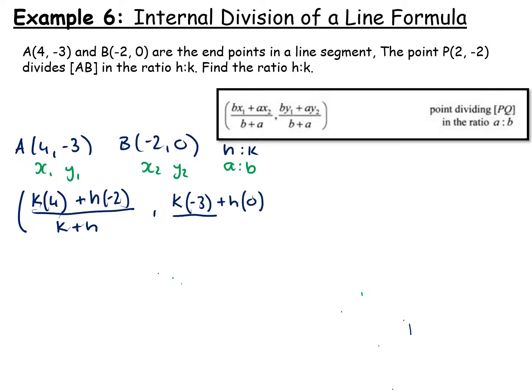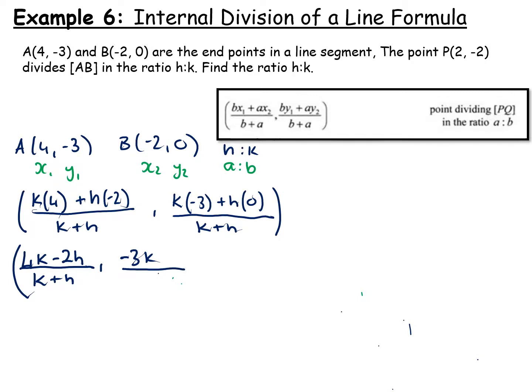Nice to see a 0 in there. That makes our lives a little bit easier, all over k plus h. Let's clean that up a little bit. So we get 4k minus 2h all over k plus h. That's our first coordinate. And then we get minus 3k all over k plus h.